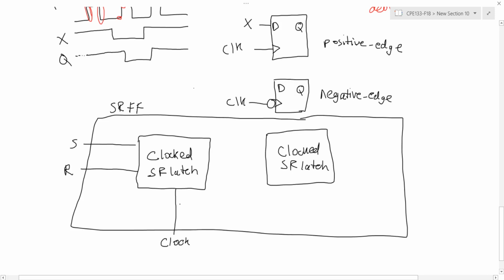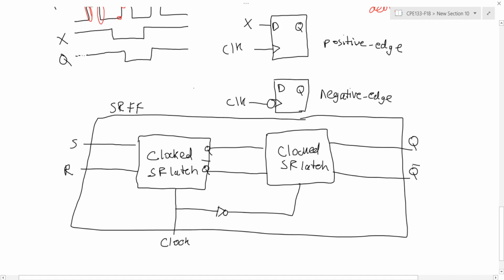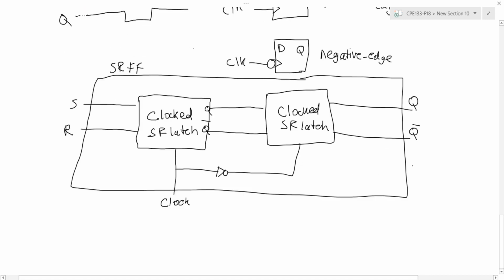The second clocked SR latch, I'm going to invert the clock signal and connect it to the clock, and then pass the outputs, the state of that first clocked SR latch, into the SR inputs for the second clocked SR latch, and this will produce my Q and Q naught values. So let's look at a timing diagram to see how this works.